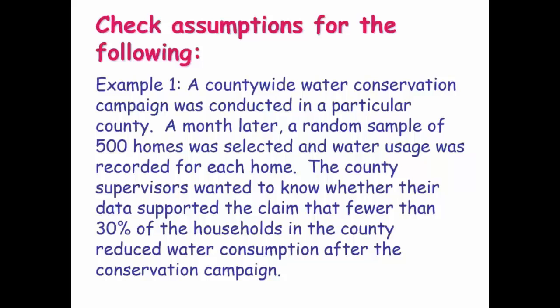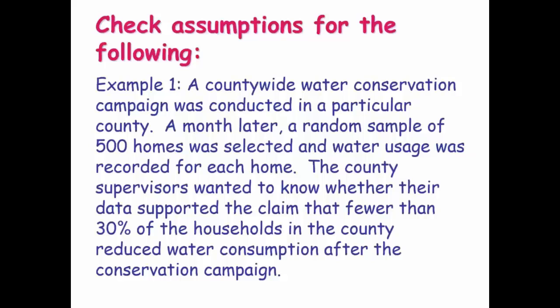Okay, so let's talk through our assumptions. Do we see anything in the statement that talks about randomness? Right after the sentence, a month later, a random sample. Okay, so that's safe to assume. Then we need to check the normal condition. Do we see n and p?